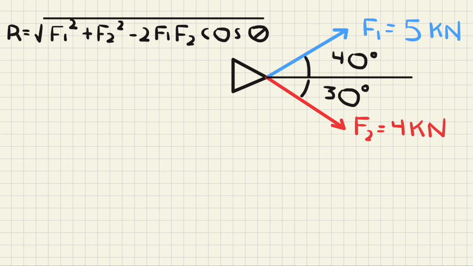So all we're going to do to find R is take the square root of the first force squared plus the second force squared minus 2 F1 F2 cosine theta. So let me draw that out so we can see our parallelogram. So here's my F1, here's my F2, and then we're going to do the same thing as before: start at the tip of this one and draw a line that is parallel to the other one.